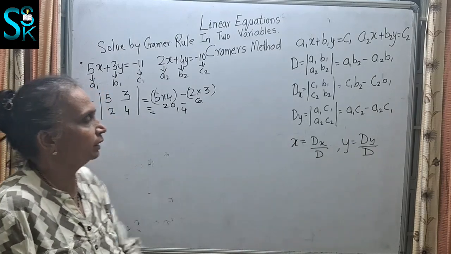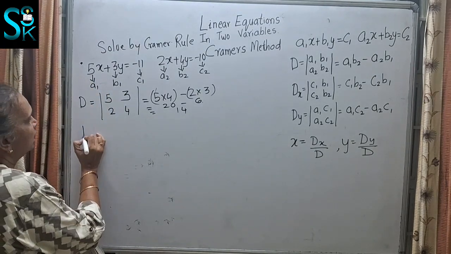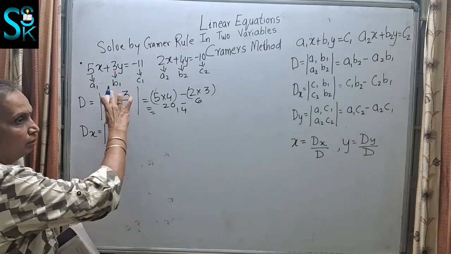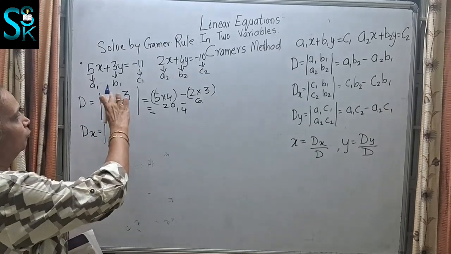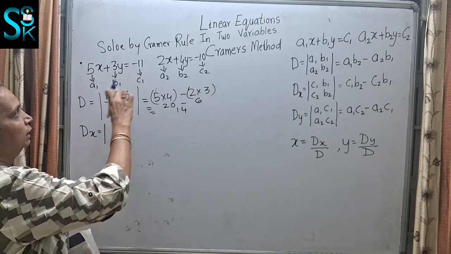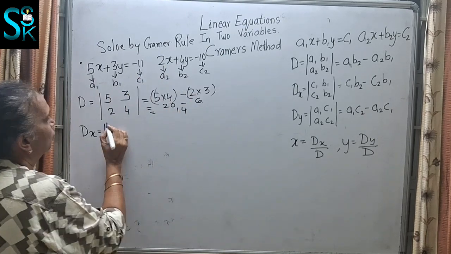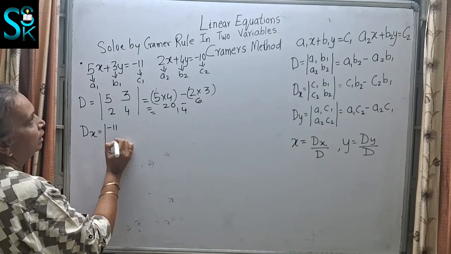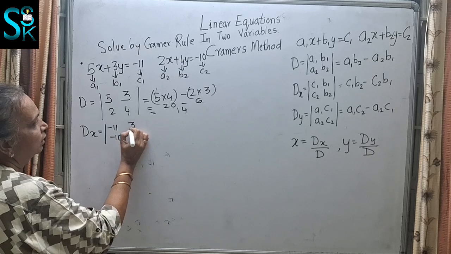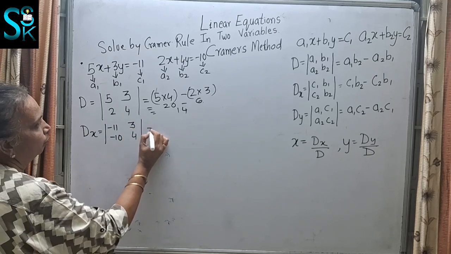Now we will find dx. What did I tell you? You have to forget the coefficients of x. Instead of that you are replacing c1 and c2. So you write minus 11 and minus 10, and here you write 3 and 4.